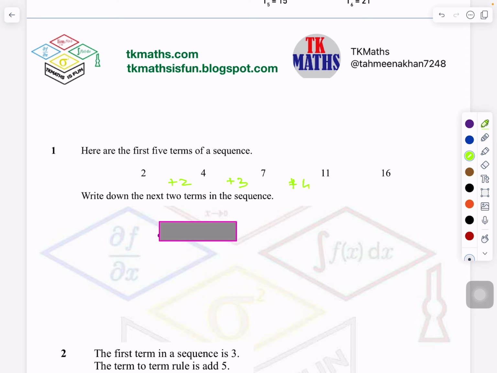So what is the next term? So you understood every time you are increasing by one more number. So it will be plus 6 and plus 7. Absolutely right. So if somebody asks you what is the rule, we increase by 1 always in the number we are adding.